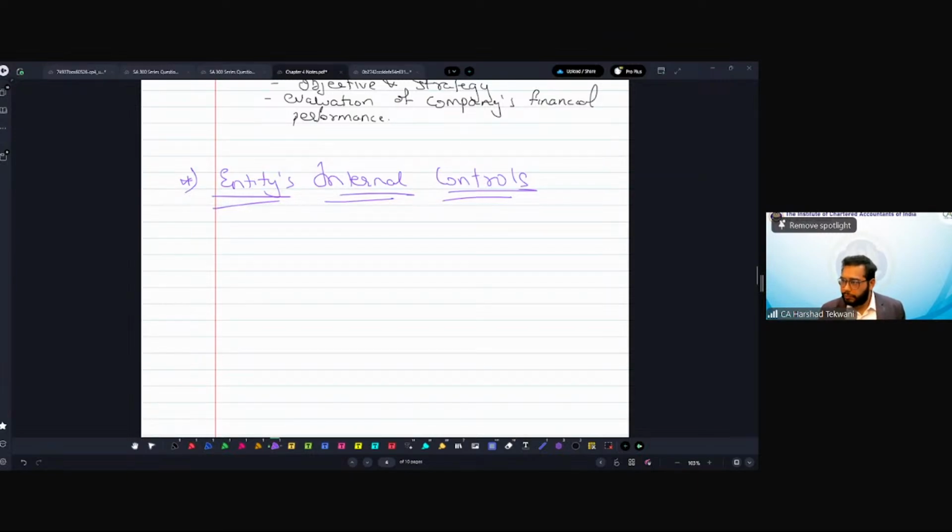How a transaction is initiated, how it is passed, and afterwards how it becomes a transaction. Like a purchase: a purchase order is initiated, then quotations are obtained. After that, quotations are verified, which quotation to accept, where the purchases will be made. Supplier analysis will be there.